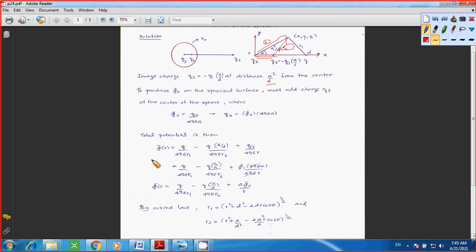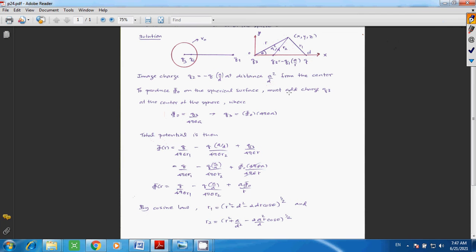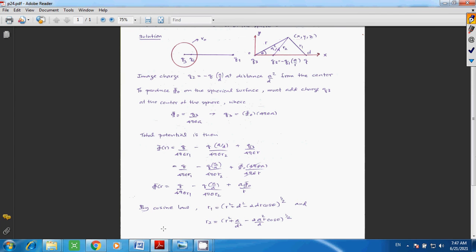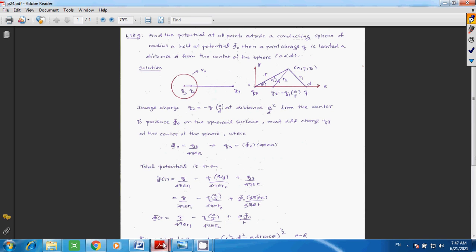So that's your potential at r on the xyz plane, with the condition that the potential at the surface of the sphere equals phi 0. That's problem 1.18g.